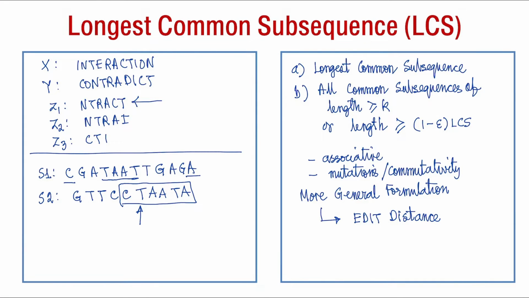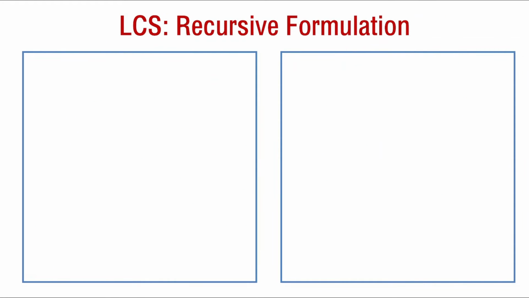Like we see here, NTRACT, here is NTRACT, here it is NTRACT. So there could be gaps. So we have to take care of the gaps. So in order to take care of the gaps, our method will again involve a recursive definition. So what will be our recursive definition?